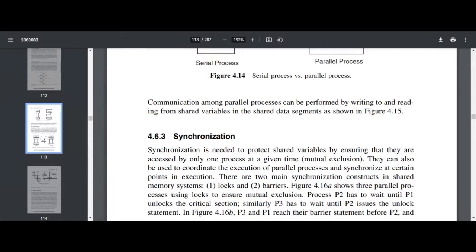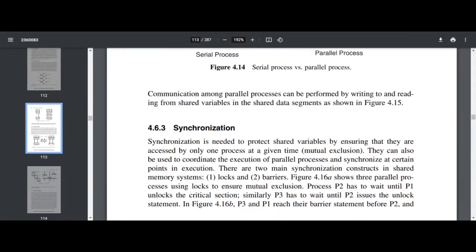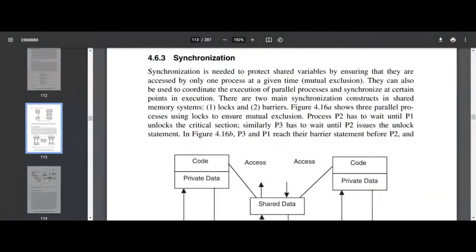We need to update other cache memories which have similar content, so that no cache contention problem occurs. There are two main synchronization constructs in the shared memory system. One is the locks, and the second is the barriers.